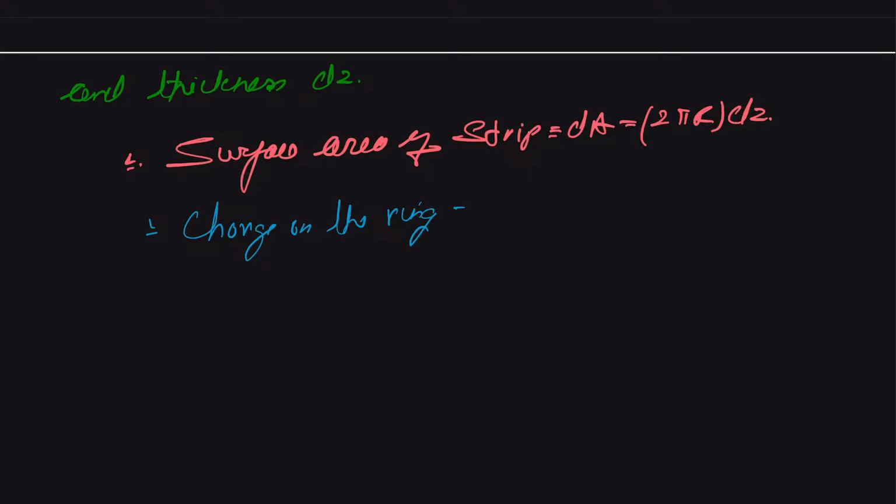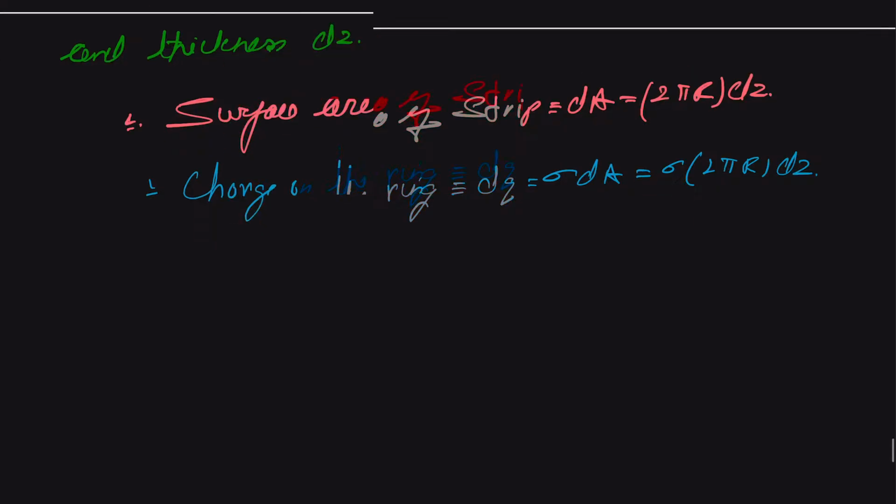Charge of the ring, that is our dq, is the charge density multiplied by the surface area, and this comes as sigma times 2 pi r times dz. And the electric field due to this small charge element at a distance z.